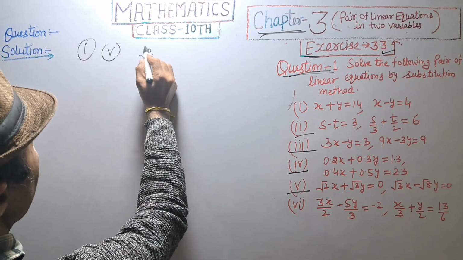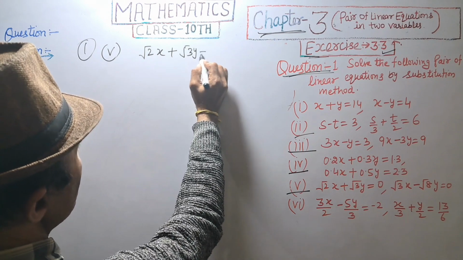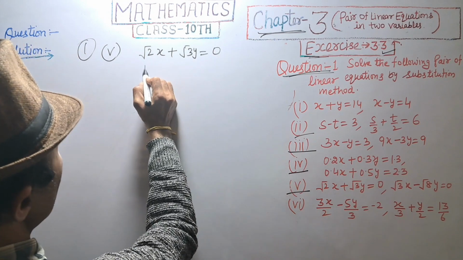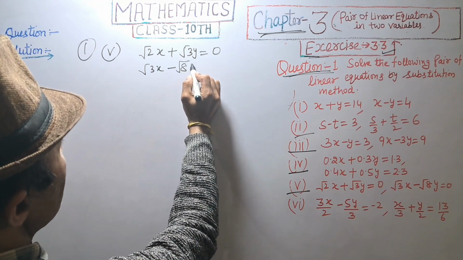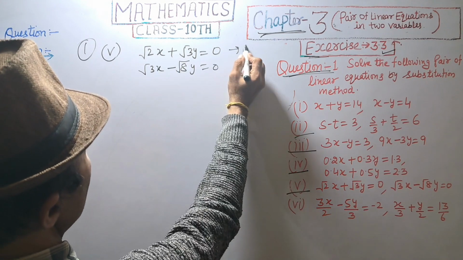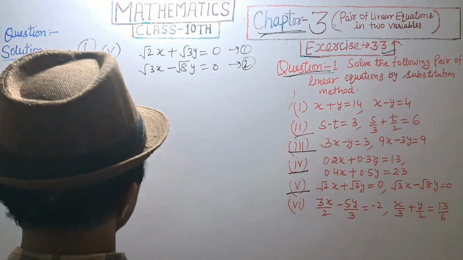Given root 2x plus root 3y is equal to 0, and root 3x minus root 8y is equal to 0. Equation first and equation second.